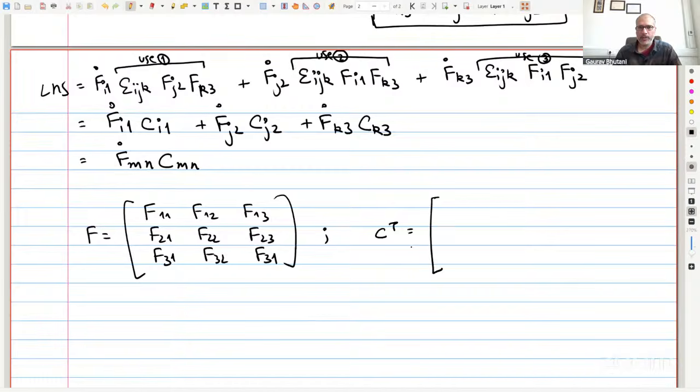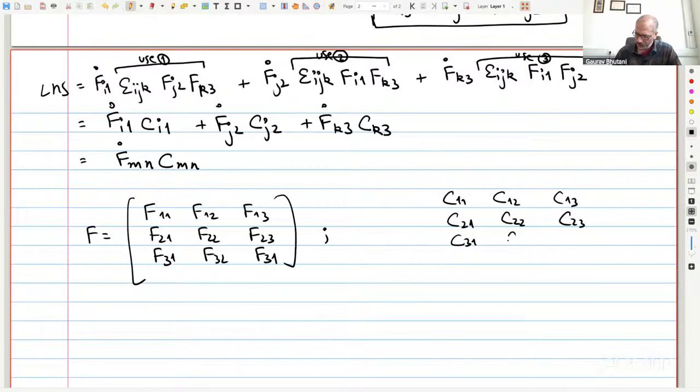I mean, first what we do is we calculate the cofactor determinant for each element, and then that is what we'll call C11, C12, C13, C21, C22, C23, C31, C32, and C33.